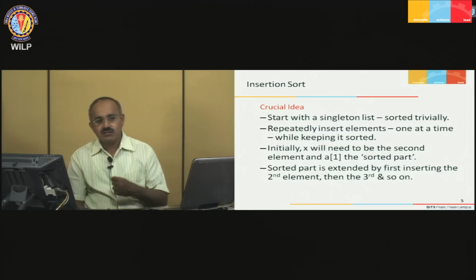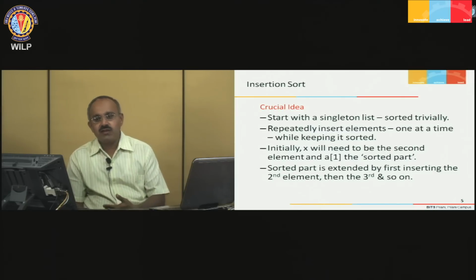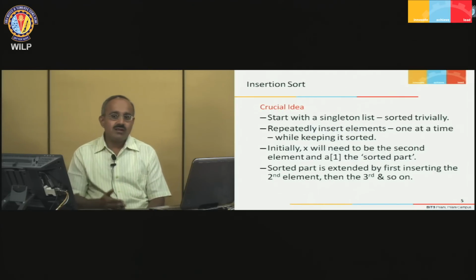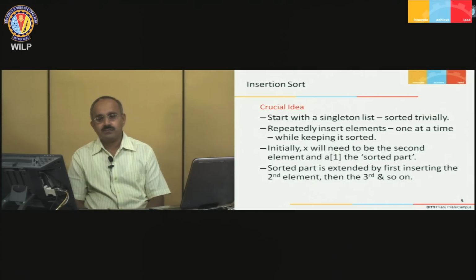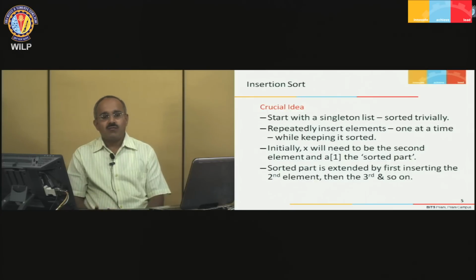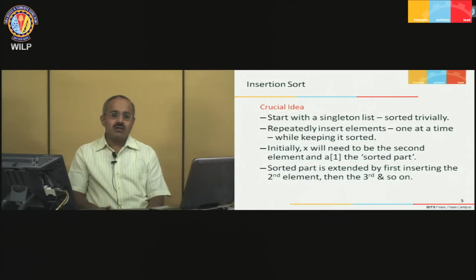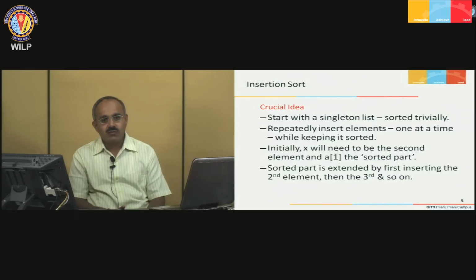Then we insert a third element and we have a sorted list of 3 elements. This is an incremental way of doing things. At every step, when you insert an element, you have a sorted list in your hand. That is, at the ith stage, after you insert the ith element in the right position, what we have is a sequence of i numbers which are in increasing order.